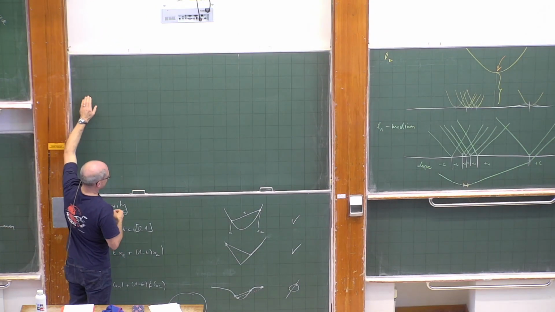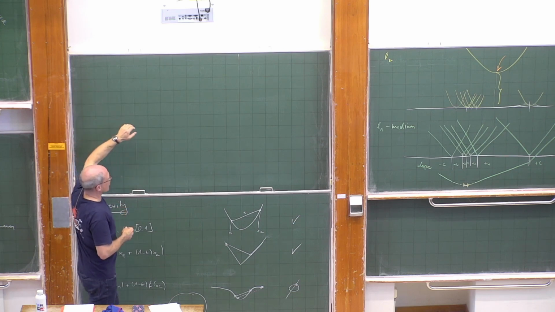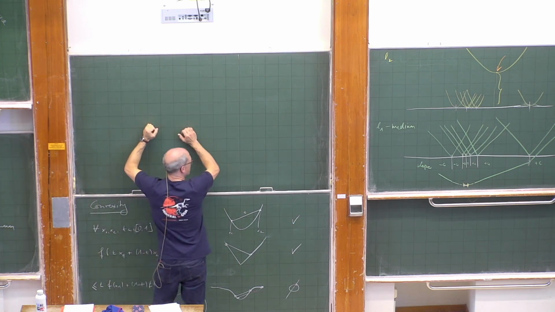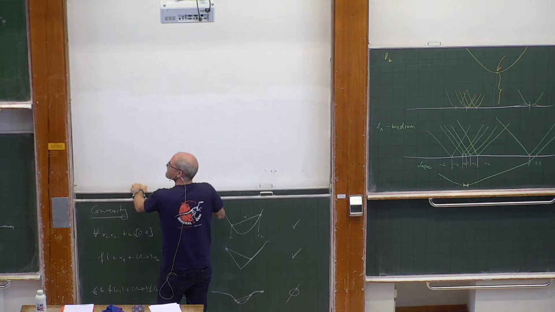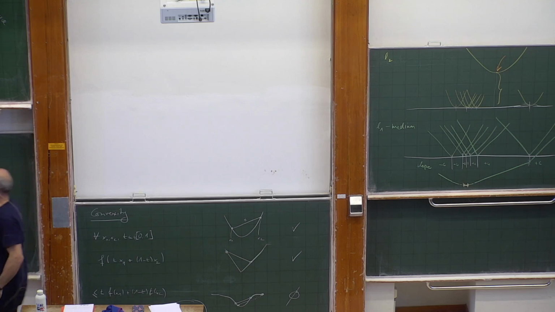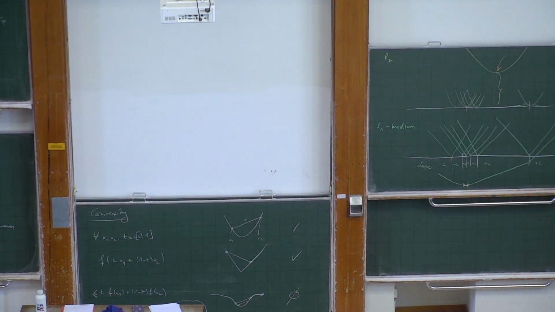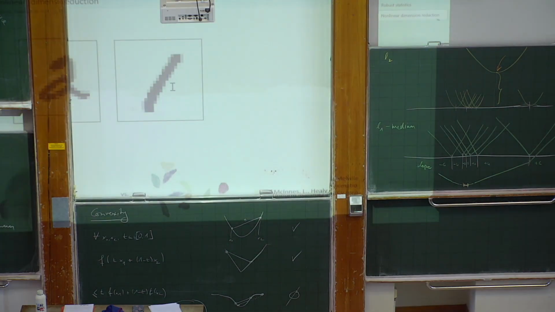And for the remaining time, I would like to start talking about nonlinear dimension reduction. So PCA is great. So why bother about nonlinear dimension reduction?